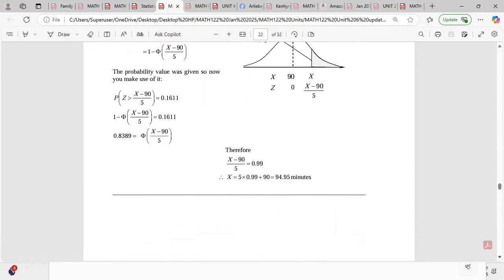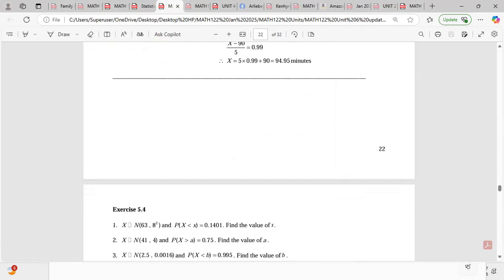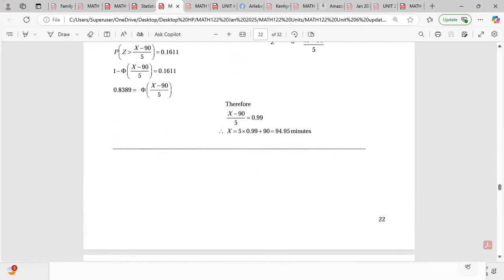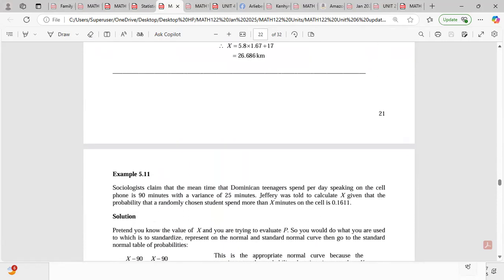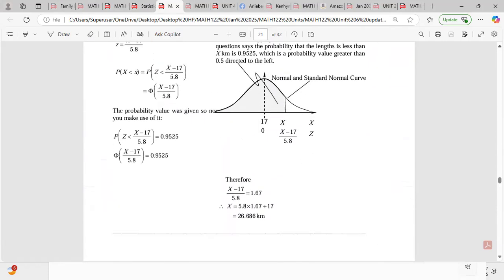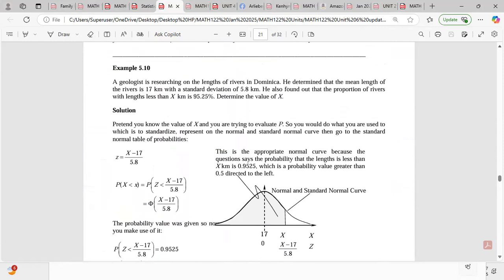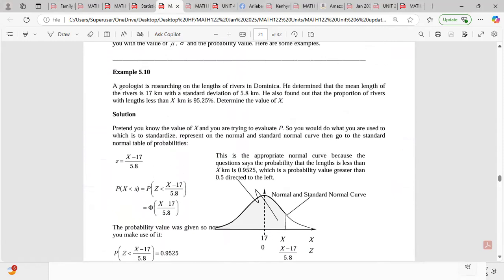Let us see if there's another example. Oh, there's only one example. Let's see. An example higher up where you have to find x. Right. So example 5.1 is very similar to number 24. It says, a geologist is researching the lengths of rivers in Dominica.